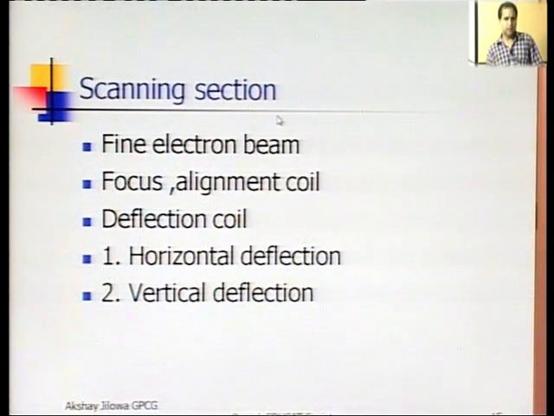Second section, scanning section. The scanning section is the section which is used to ensure the following things. One is the fine electron beam, second is the focus and alignment coil, third is the deflection coil, then horizontal deflection and vertical deflection. As I told you earlier, the deflection coil consists of two coils, a horizontal deflection coil and a vertical deflection coil.